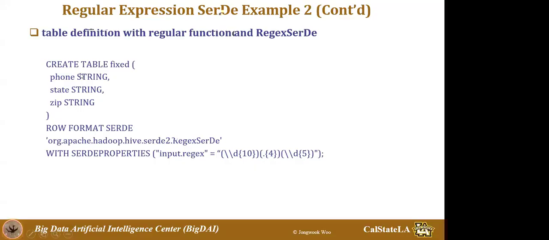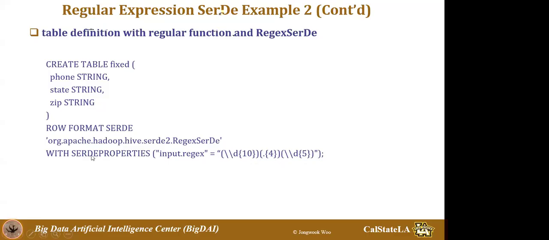So when you create the table, the first field is phone, second is state, third is zip, and you can put any data type that you like. But definitely you need to add the regular expression library that you need to use.